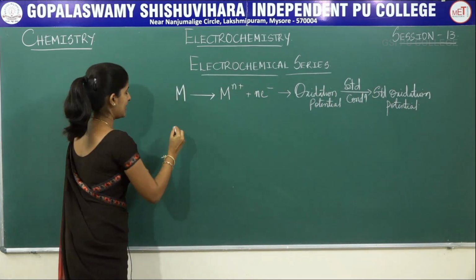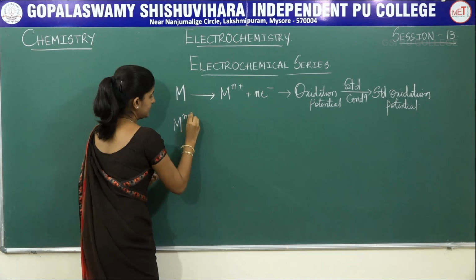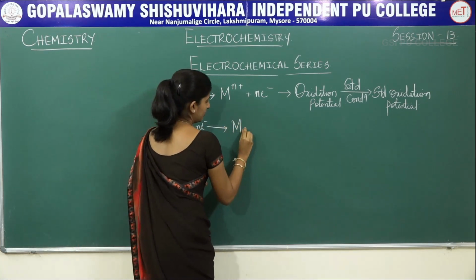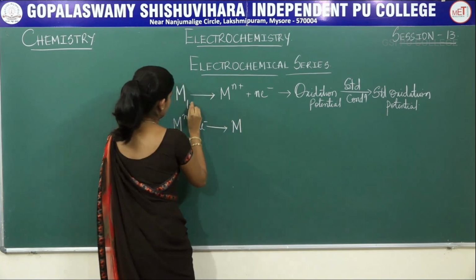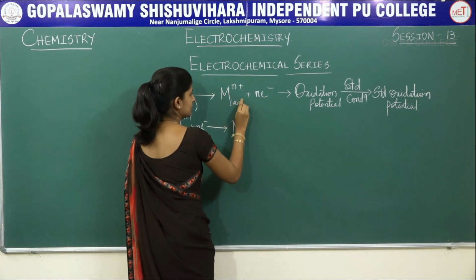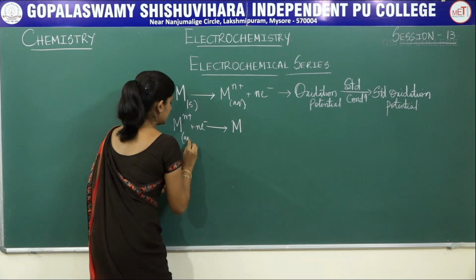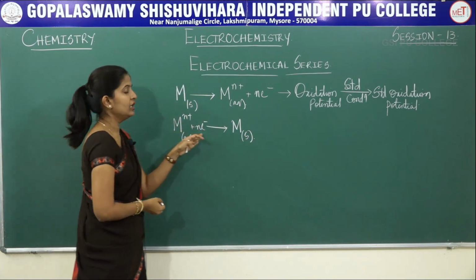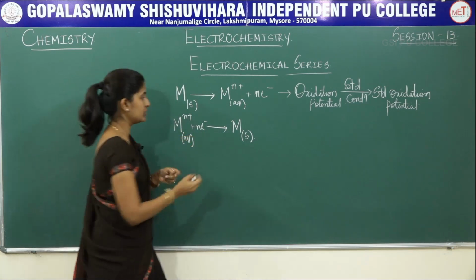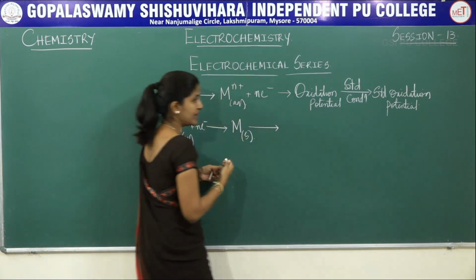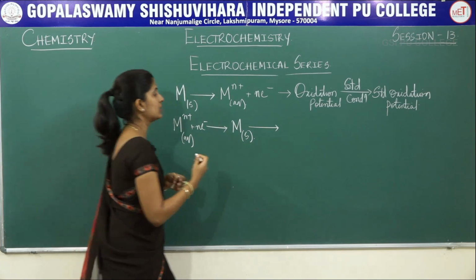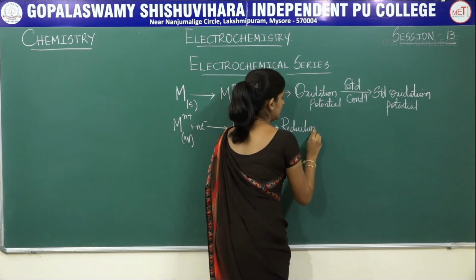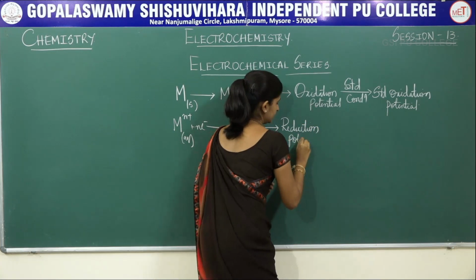If the opposite thing happens, that is, Mn+ plus n electrons gives you M, where M is solid and Mn+ is aqueous, what is the reaction happening? Electrons have been accepted, so this is a reduction potential. If the metal accepts the electrons, it is called reduction potential.